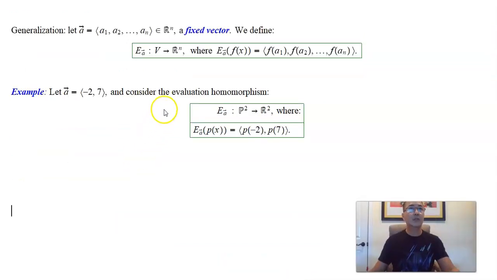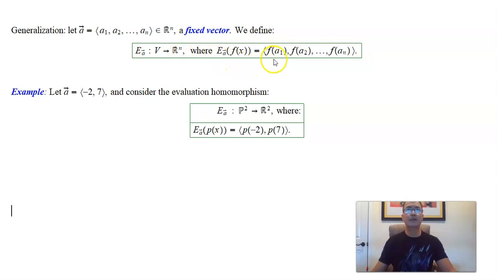Now, more generally, suppose that you create a constant vector, let's call it A, made of A1 through AN. So that's a vector in Rn. And we define E sub vector A this time from the same function space to Rn.